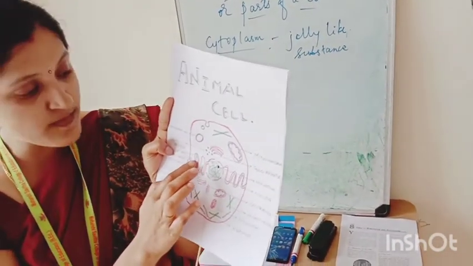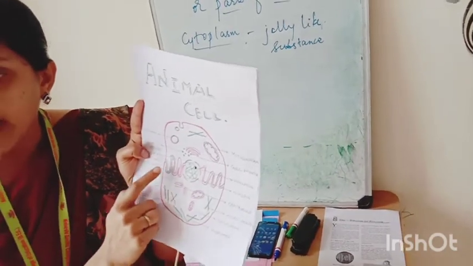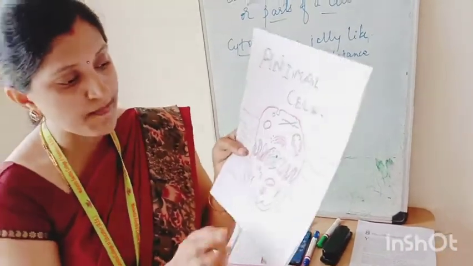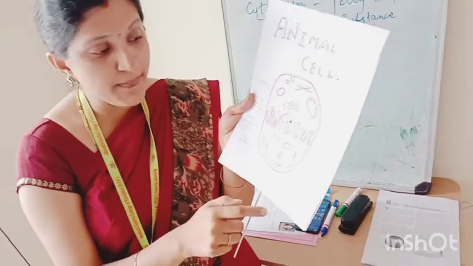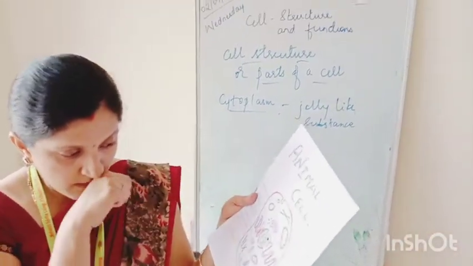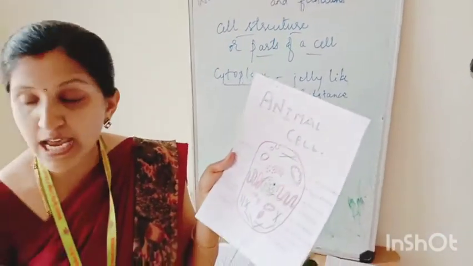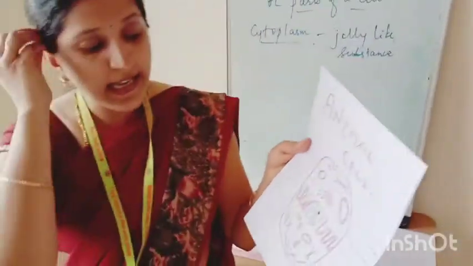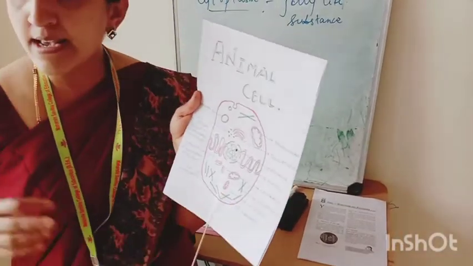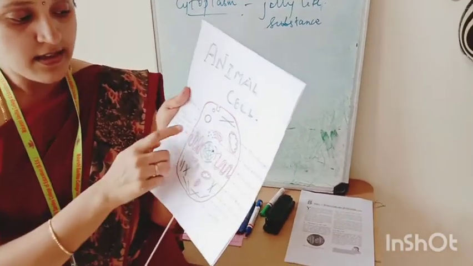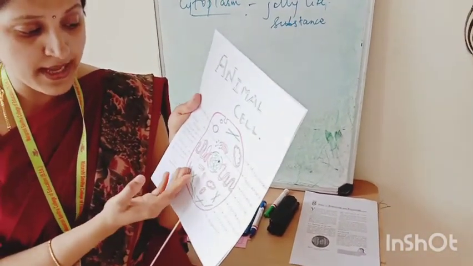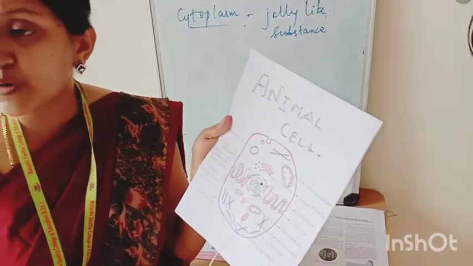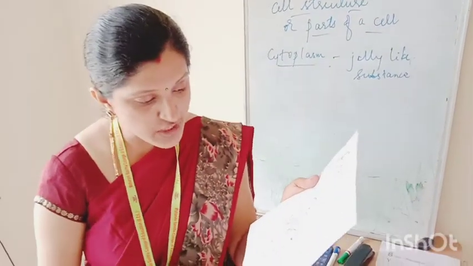Here the ribosomes are present, that's why we call it rough endoplasmic reticulum. Then there are microfilaments, microtubules and centrioles, which help in cell division. Basically the ribosomes help in protein synthesis, and microfilaments, microtubules and centrioles all help in cell division.